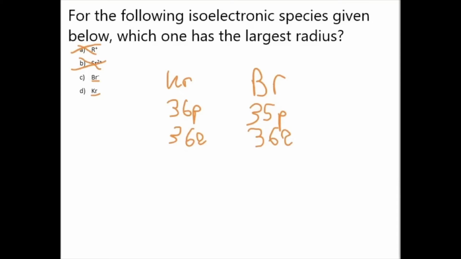Now you may even say, well, they each have 36 electrons, what do we do now? And in this case, it doesn't matter because we can see that this is going to have that normal standard size that it typically has, while this is going to go from this typically standard size to having a bigger size because there's this unbalanced amount of protons and electrons.